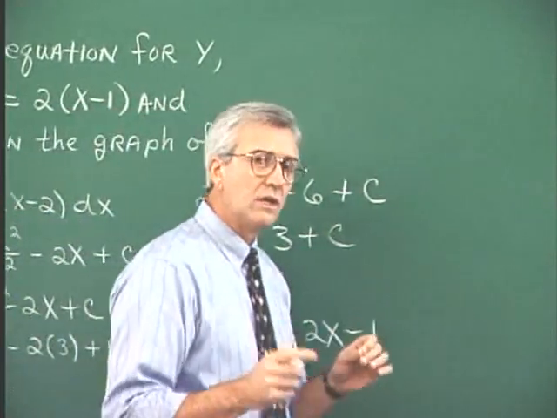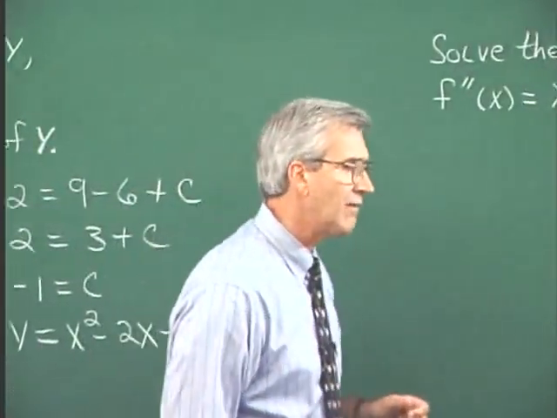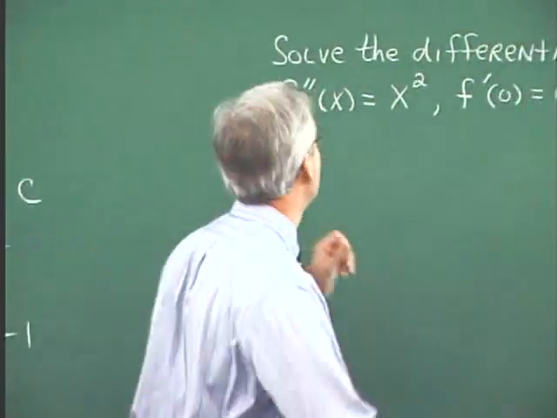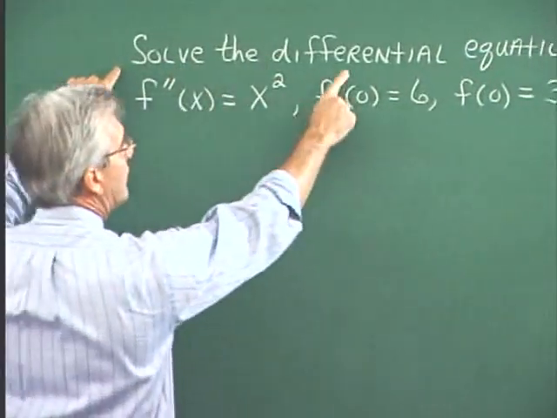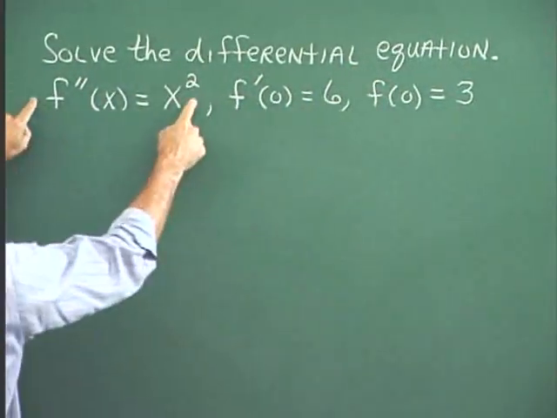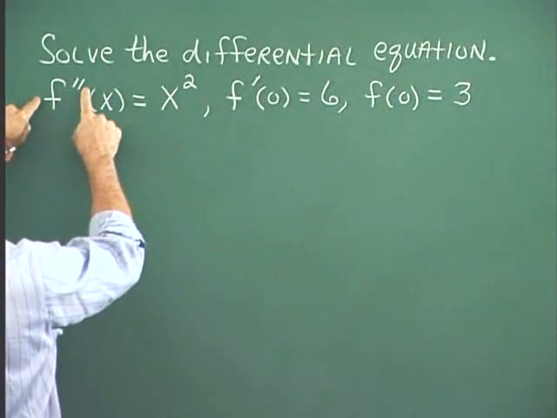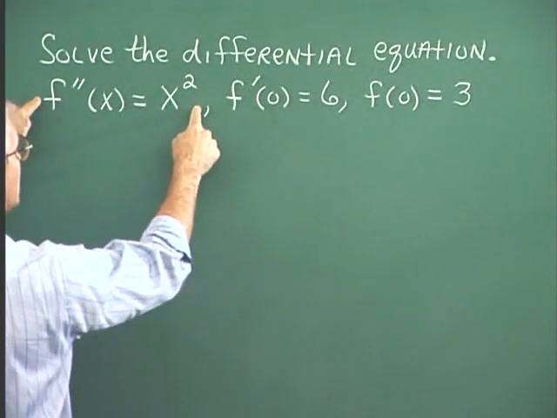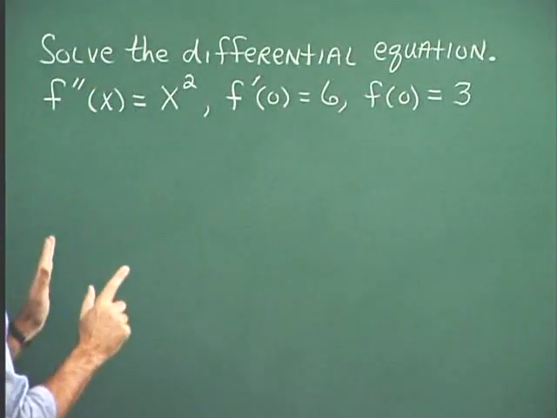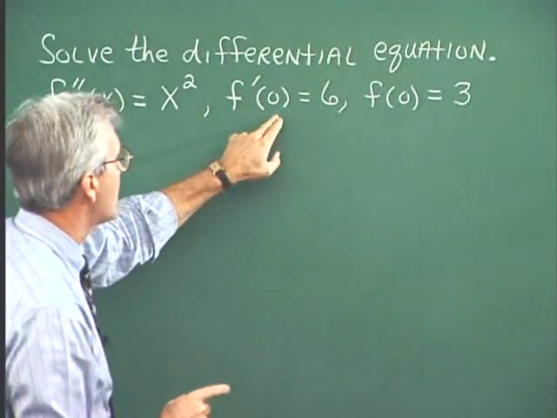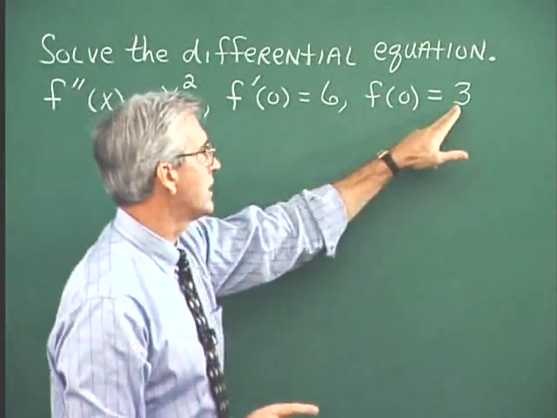Here's another one. Pretty much the same idea, but we have a little more to do on this problem. It says solve the differential equation, and the differential equation is this one. Now notice that f double prime of x is x squared. And we're given some additional information: f prime of 0 is 6 and f of 0 is 3.